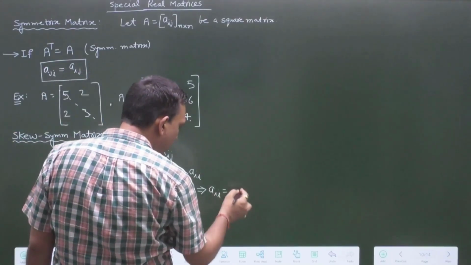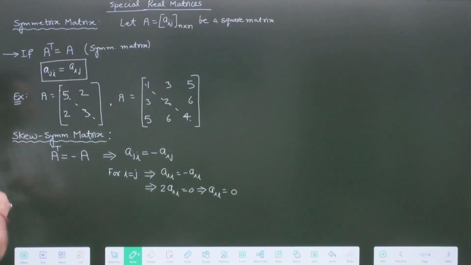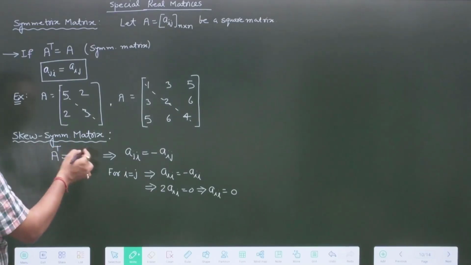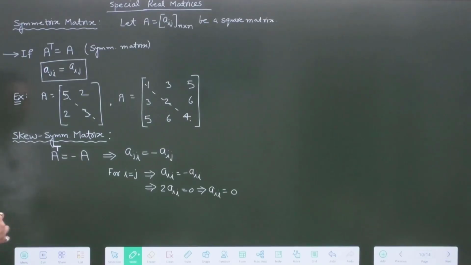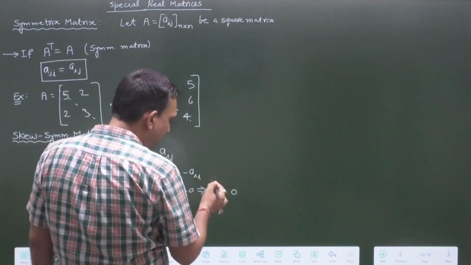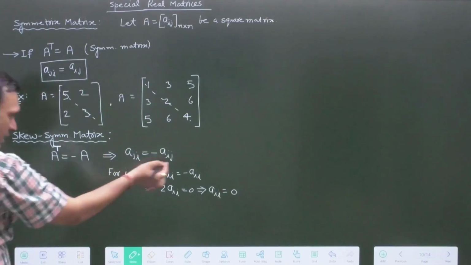This is the condition, since A transpose is minus of A. So you can check from this condition.